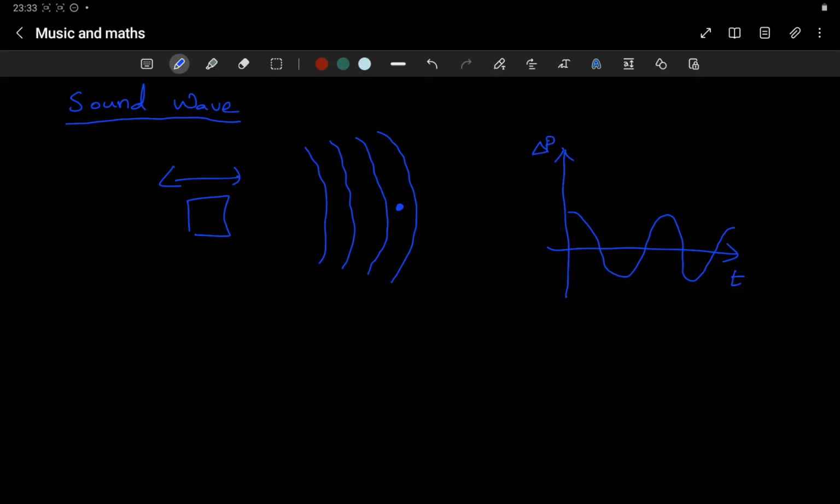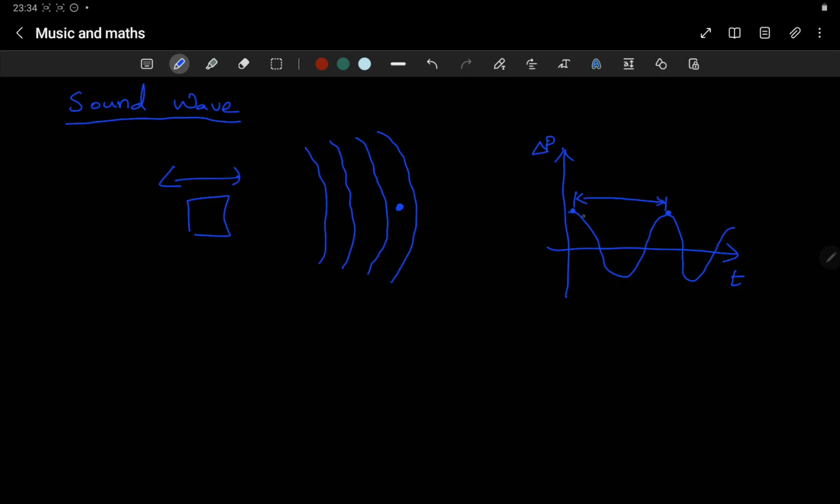Now let's see some terms with respect to this wave. Let's say I'll take the peak to peak distance, and that's a single cycle.